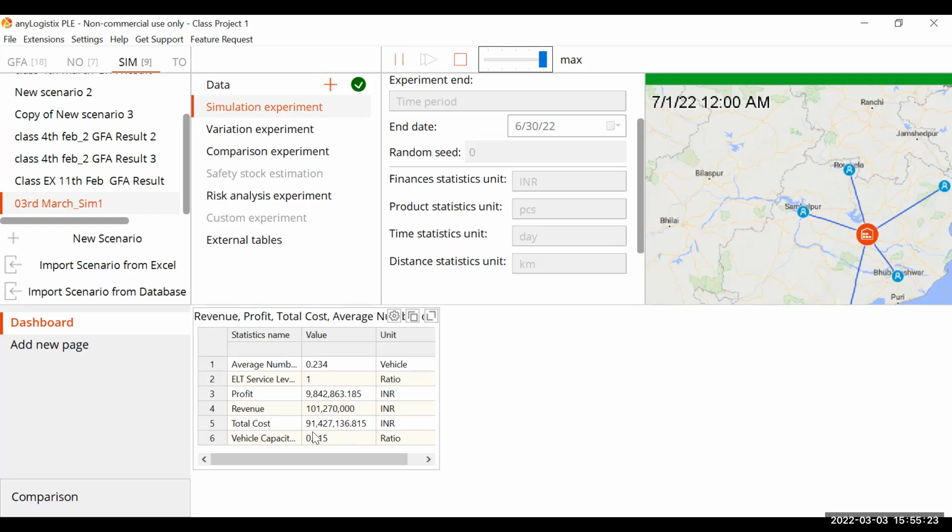Cost is around 9 crores, 14 lakhs, 71,000. Then my profit is around 98 lakhs, 42,800. That is basically 10.1 crore revenue, 9.14 crore is cost. Profit is around 98 lakhs.